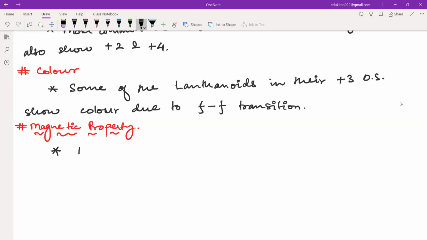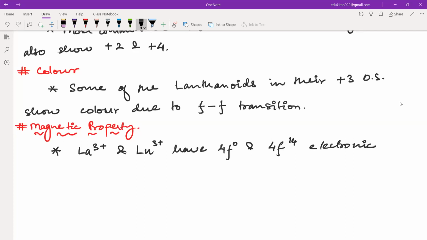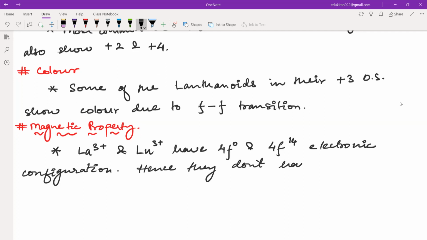La3+ and Lu3+ have 4f0 and 4f14 electronic configuration, and hence they don't have magnetic moment.